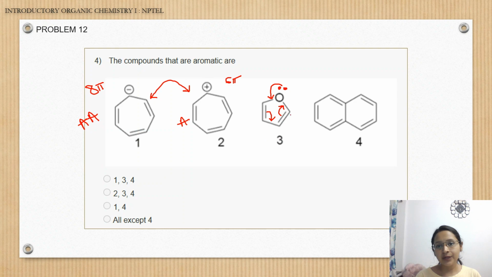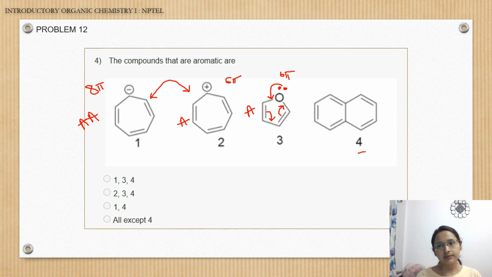So how many pi electrons are present in the system? 6 pi electrons. So if it is 6 pi electrons, then we have said that it is aromatic because it is conjugated, cyclic, flat, all the things are there.